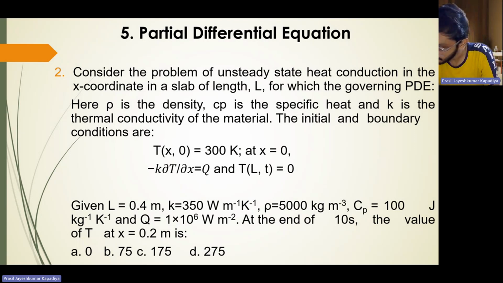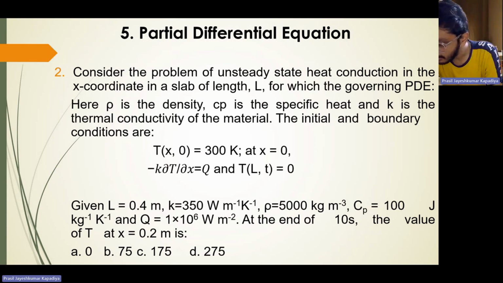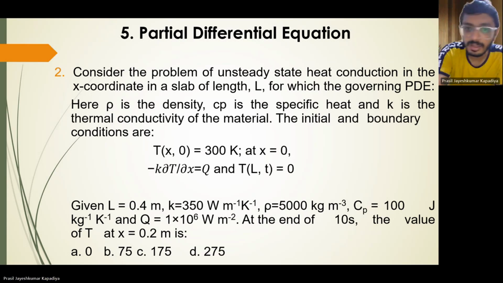I have not written down the PDE. Here rho is the density, Cp is... it is that equation d square T by dx square. I forgot to add that equation, I will do that. Let's first read the problem statement.